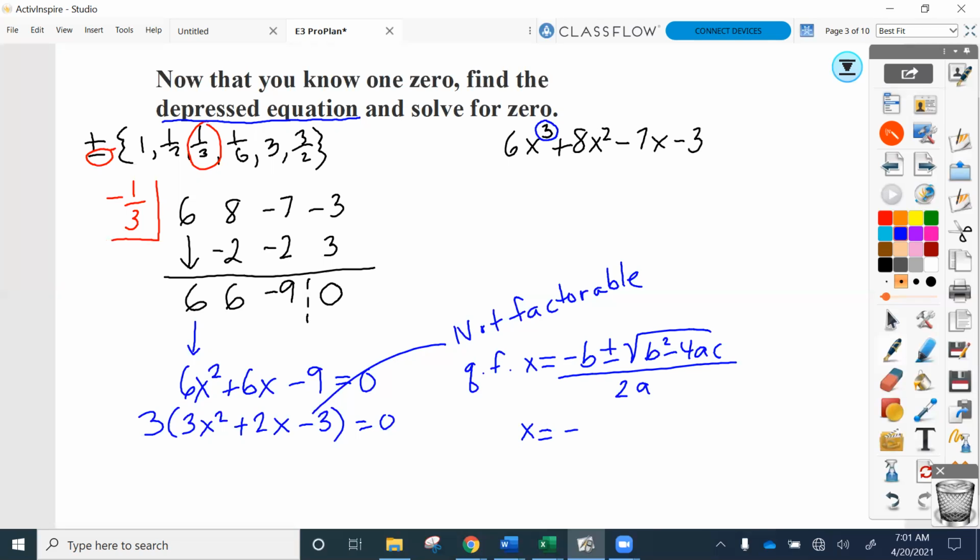Our b value is 2 in this case. Our a value is 3, and our c value is negative 3. So then 2a, 2 times our a value is 3.